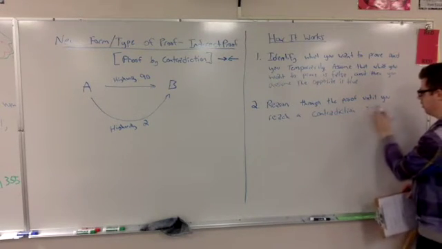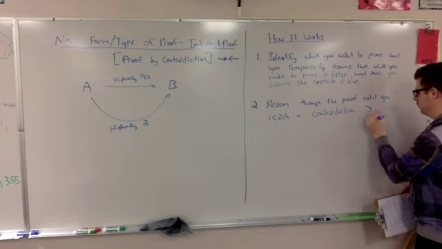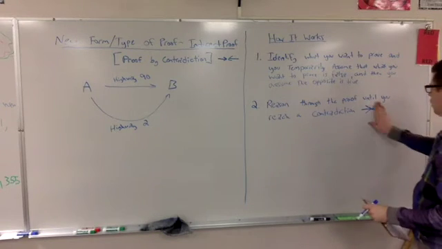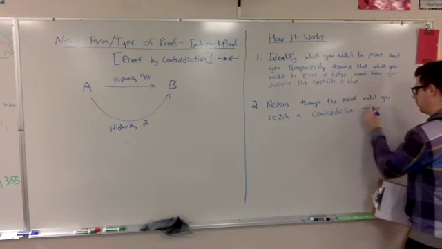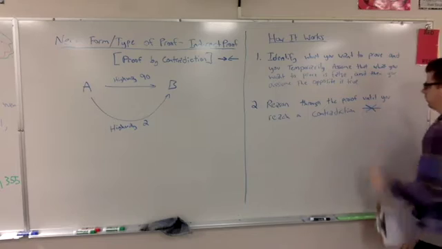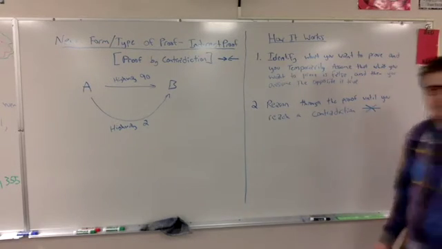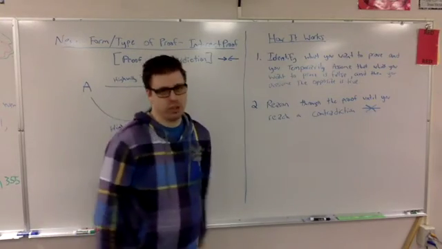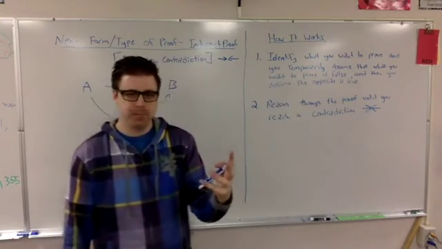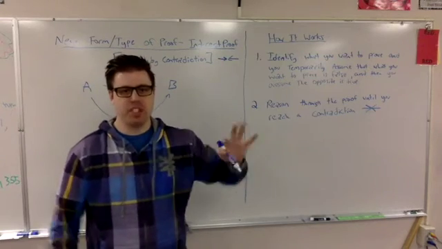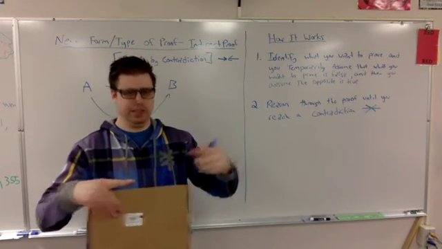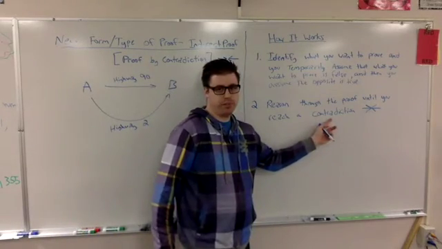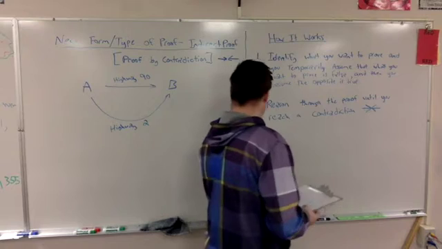Oh, that was terrible. Let's try that again. A contradiction. There we go. There's my little symbol, two arrows pointing together. So you provide these statements, and all of a sudden, that's where your problem happens. It comes out to a statement that's a contradiction. And this brings us to the final step.